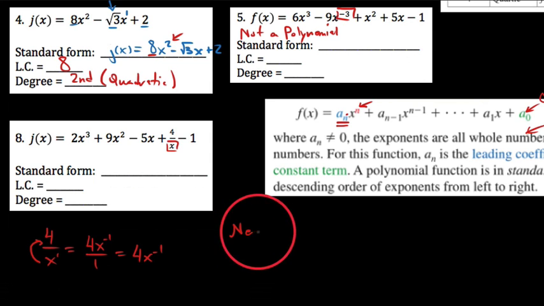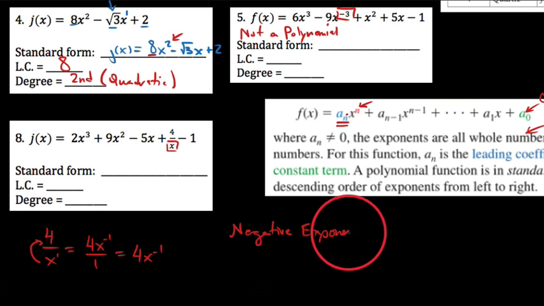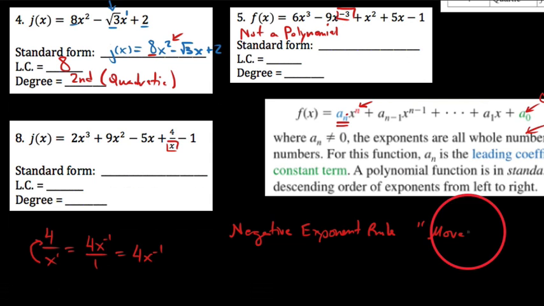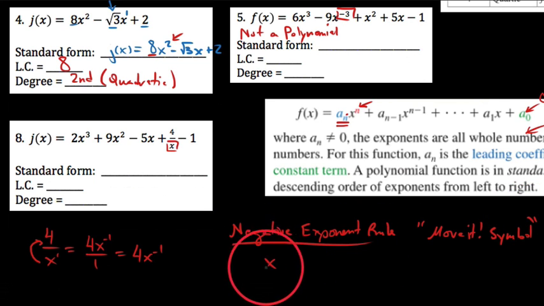So what I'm going to do is list something here that we'll be talking about in this class, but we say it's the negative exponent rule. And when you see a negative exponent, what we're going to do is refer to this as the move it symbol. What I mean by move it symbol is that whenever we have a base that has an exponent that's negative, you could interpret this as being in a fraction over 1 here. But what you're going to see is whenever you move the base of an exponent across the bar on a fraction, that is to say that there would be nothing but 1 left up top if I move my x downstairs, and then x would be down here.